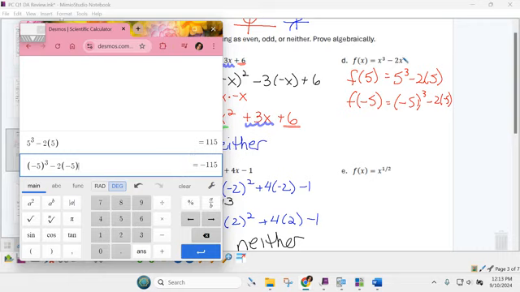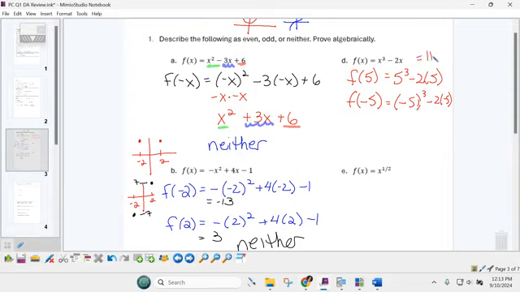Positive, negative, same number. So that gives me an odd result.